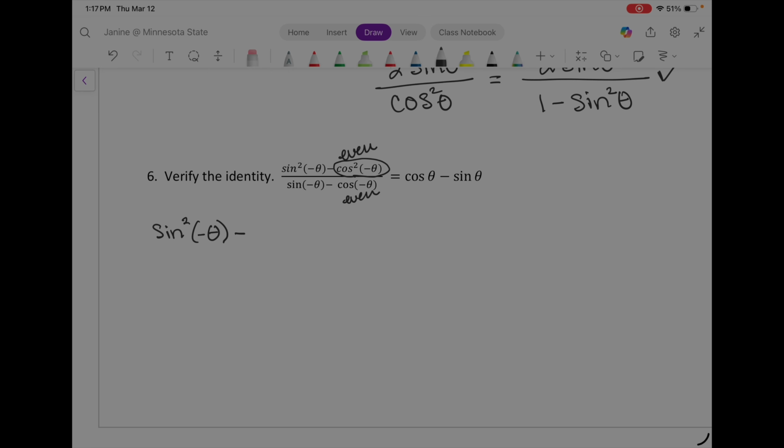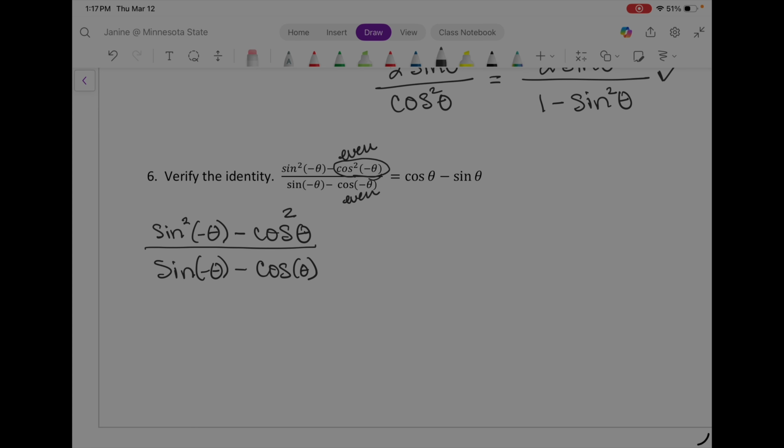It's squared, but the negative theta is the input, so don't square that, okay? I'm dropping the negative because of the even function, okay? And then on the bottom, we have a sine of negative theta minus cosine of theta.